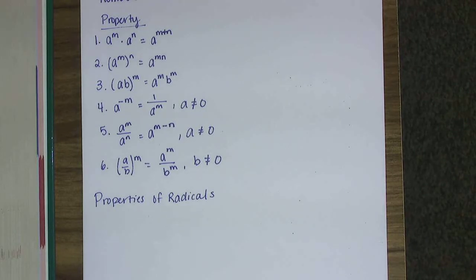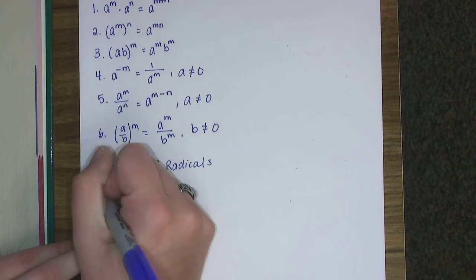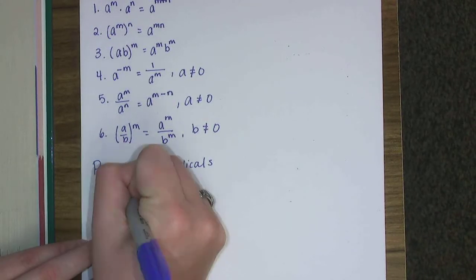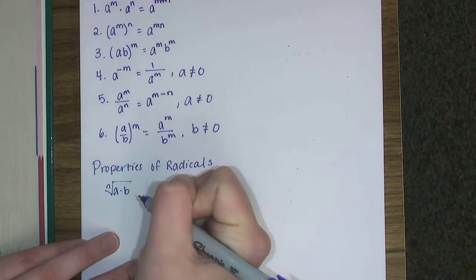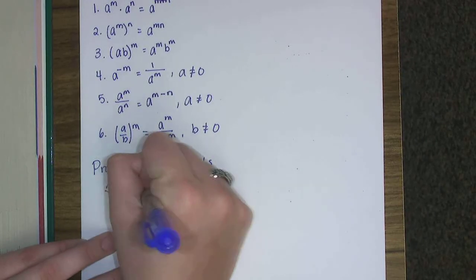We have the nth root of a times b, and notice this is being multiplied, not added or subtracted, so that's equal to the nth root of a times the nth root of b. This one we call the product property of radicals.